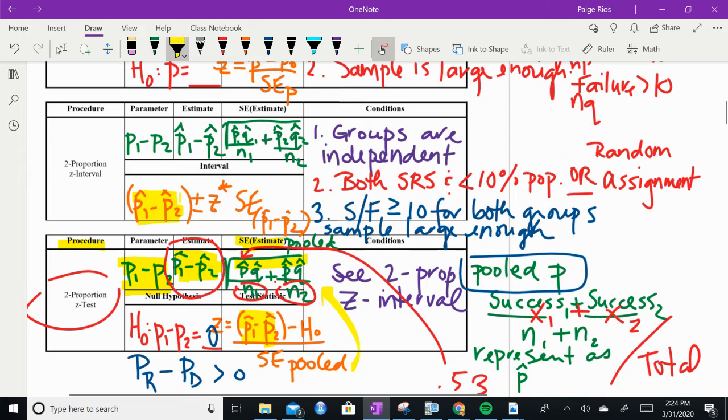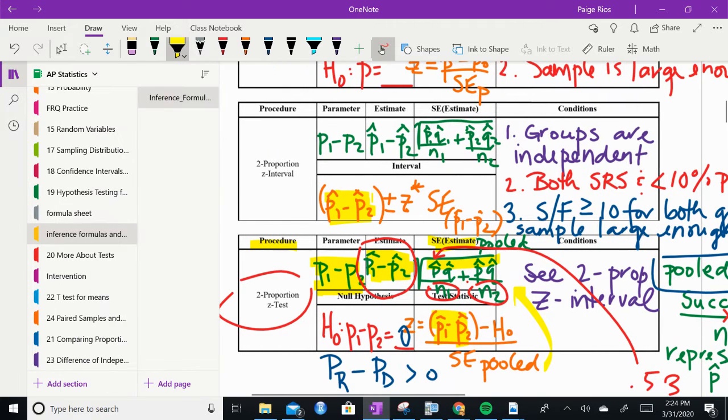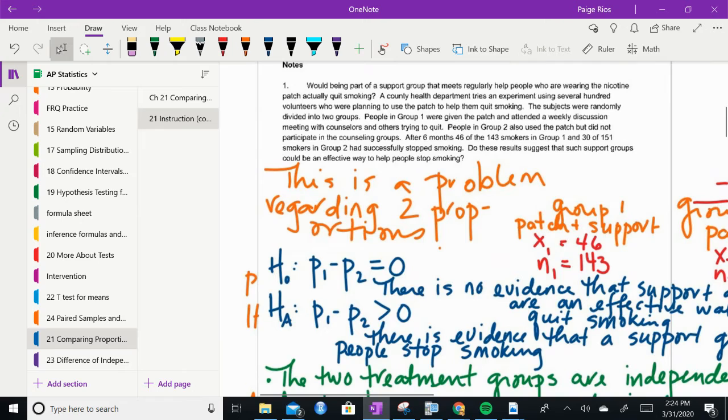So when I go ahead and look at the problem that we're dealing with, we are trying to see if the idea of having a support group like they are given in group 1 along with a nicotine patch in group 1 is going to be more successful for quitting smoking than group 2 that just has the patch but no support group.